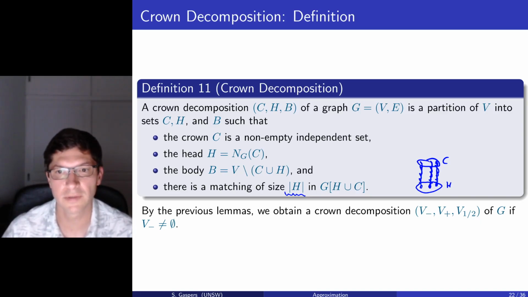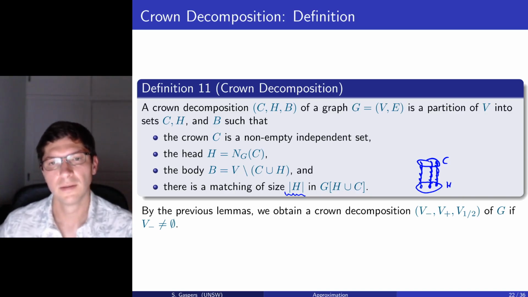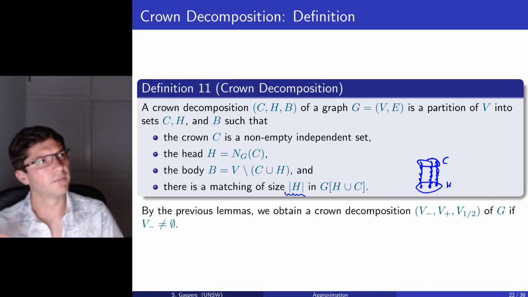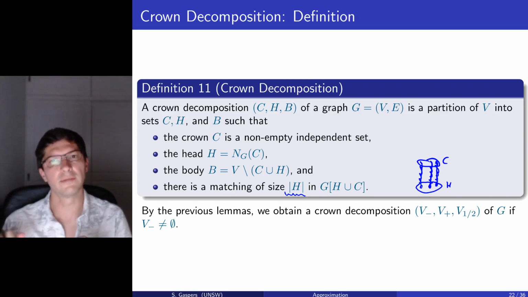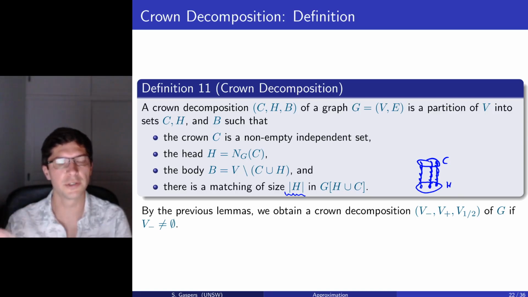By the previous lemmas, we now obtain a Quown decomposition where V minus is the Quown, V plus is the head, and V 1/2 is the body, in case that V minus is non-empty. So what have we done so far? If we are given an instance for vertex cover, we can translate it into an equivalent integer linear program.